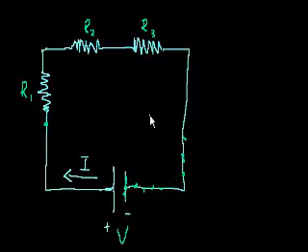And there's a couple of ways I can convince you of this. Let's call the current here I1. Let's call this current here I2. And let's call this current here I3. I could draw another one here, I3.